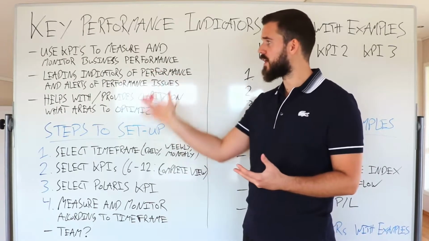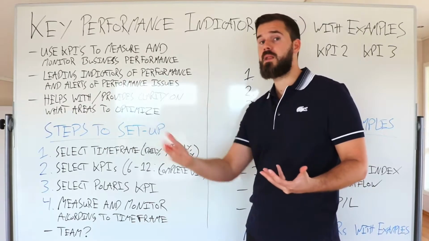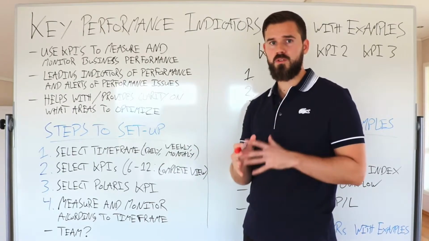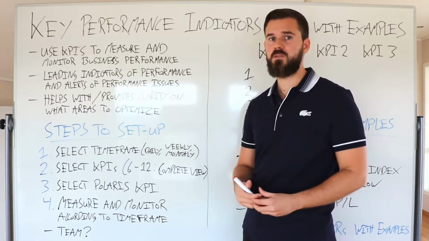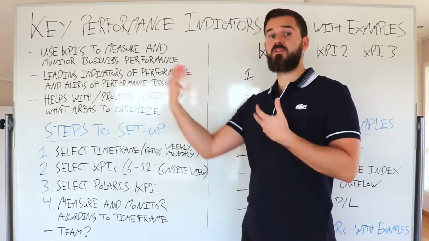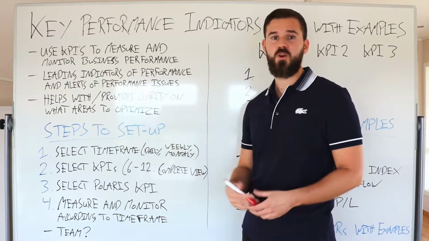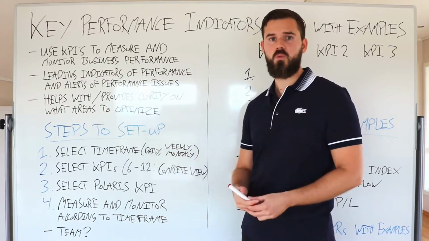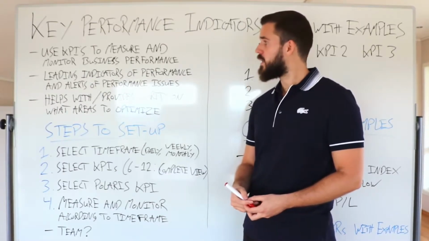Like, let's say you're tracking KPIs on a weekly basis, it will give you a good insight into what's going to happen next week if you look at the ones for the current week that just completed, right? So they are leading indicators of performance. That's a positive thing, right? It can help you see that things are going in the right direction. We've got a reason to be optimistic here, and positive.